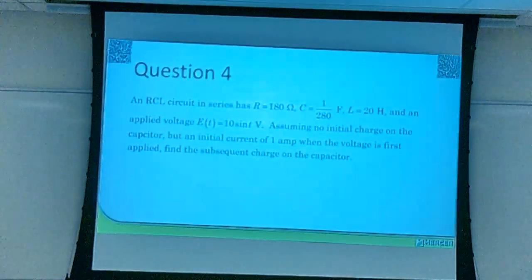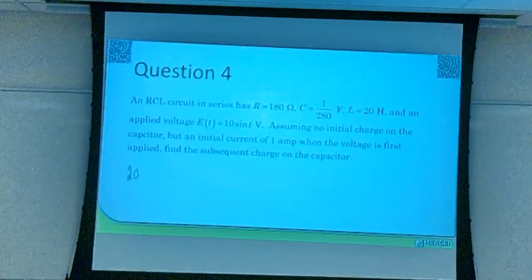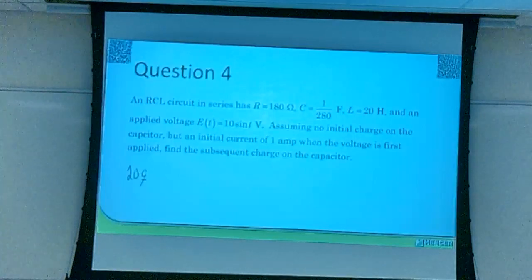What is the inductance? In this case, it's 20. I think the unit for inductance is henries, if I remember my E&M correctly. What's this one asking for? It's asking for charge.